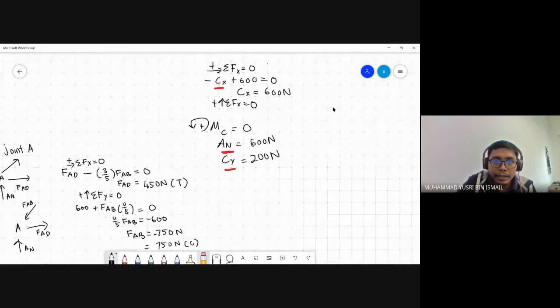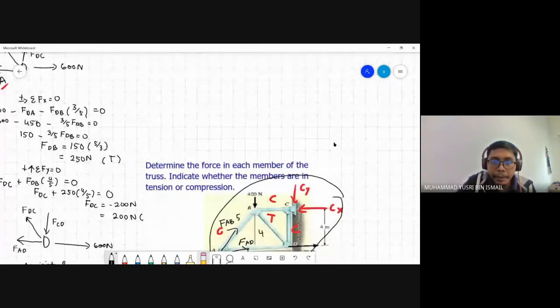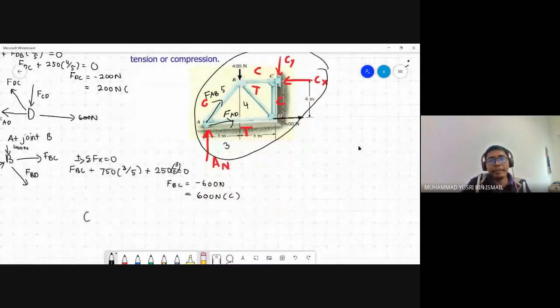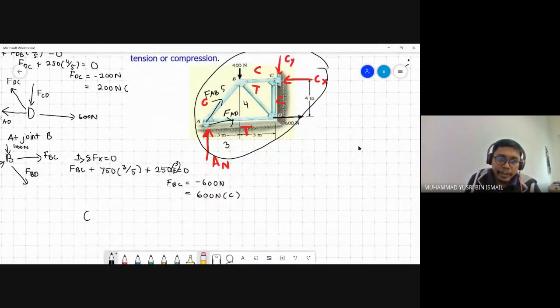CX previously was going to the left by using joint C, and then the other is going to the right.